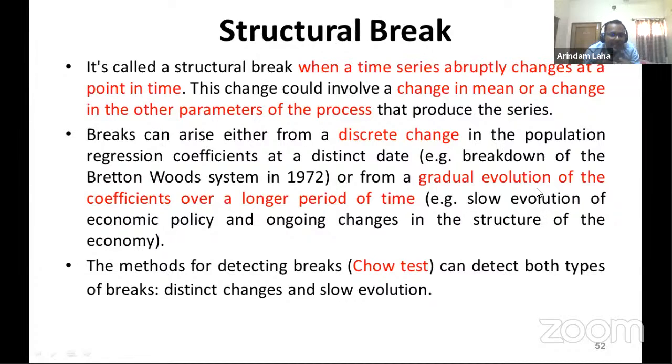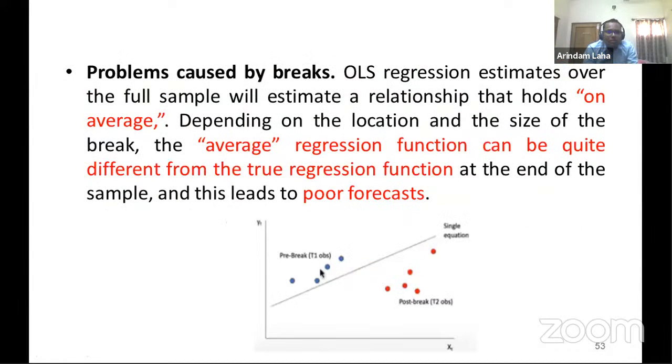So changes can be of discrete change. It can be of slow evolution. And you can use the Chow test in order to detect both the discrete change and the slow evolution. Now, why is the concept of structural break so important? Because here in your Wales regression, we are maintaining that the relationship has not changed much over the time period.